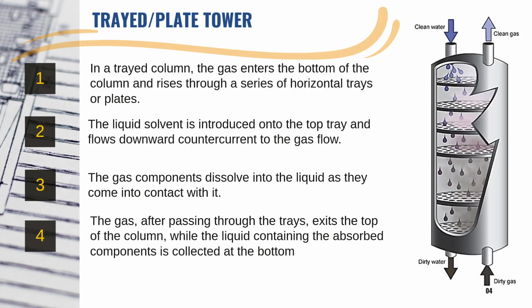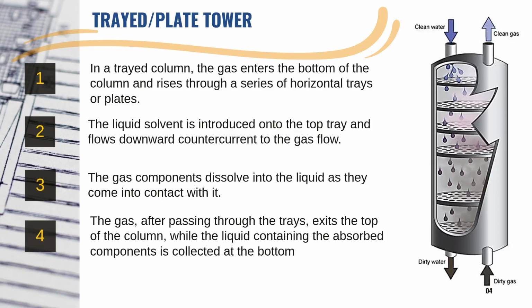The liquid solvent is then introduced onto the top tray of the column. If you refer to the figure here, the clean liquid solvent is introduced onto the top of the tray, and it will flow downward, countercurrent to the gas flow.